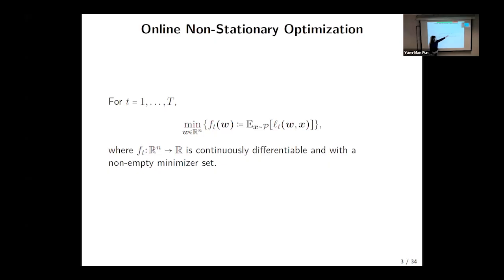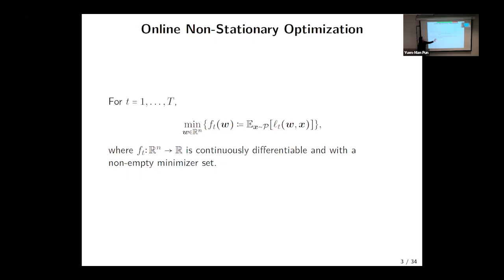Here w is our decision variable, and x is our random variable following some distribution P. The loss function is changing over time, and we have the time step from t = 1 to big T, the time horizon. And here ft is continuously differentiable with a non-empty minimizer set.